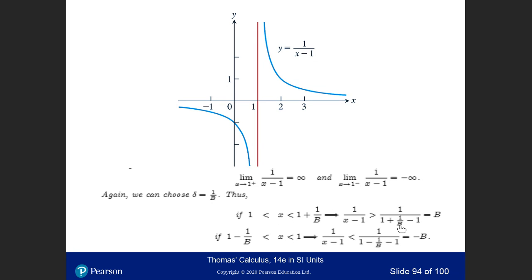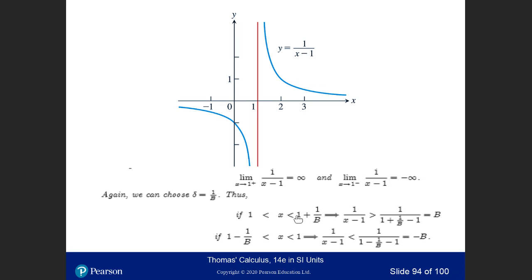I substitute that, so since x is less than this, this part must be greater, because I am dividing by a greater number here, which is 1 plus 1 over b. So 1 over x minus 1 becomes greater than 1 over (1 plus 1 over b minus 1). Ones cancel out, that's b. So my function value is greater than b.